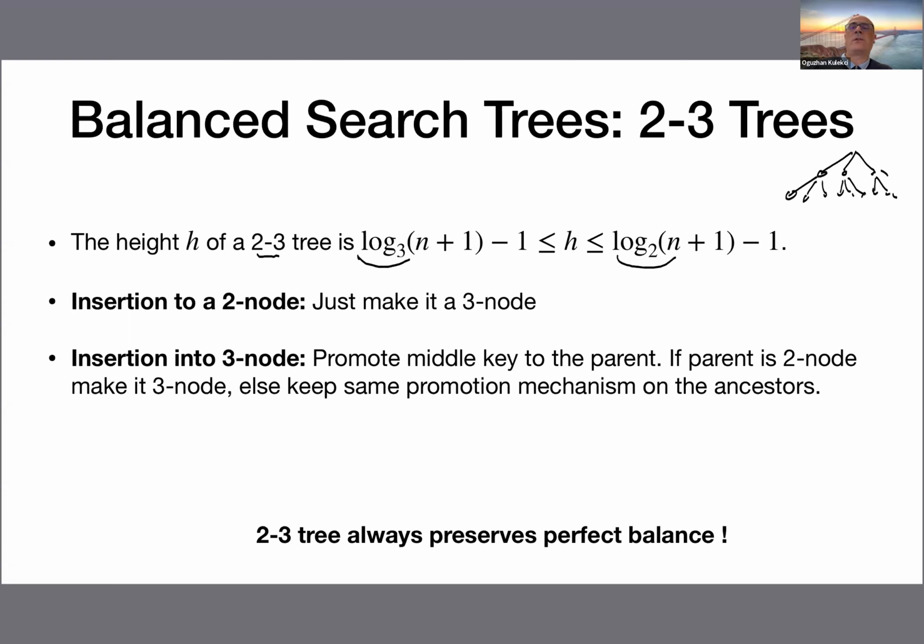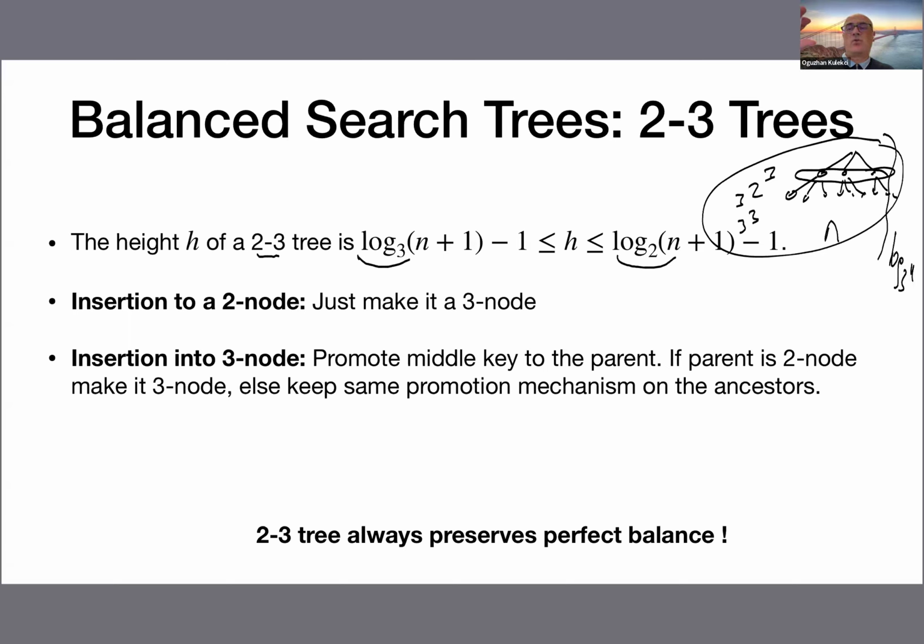So at each level, in the first level I have three, and then I will have 3 squared, and then 3 cubed. If you have a total of n nodes in this tree, the height will be around log base 3 of n.